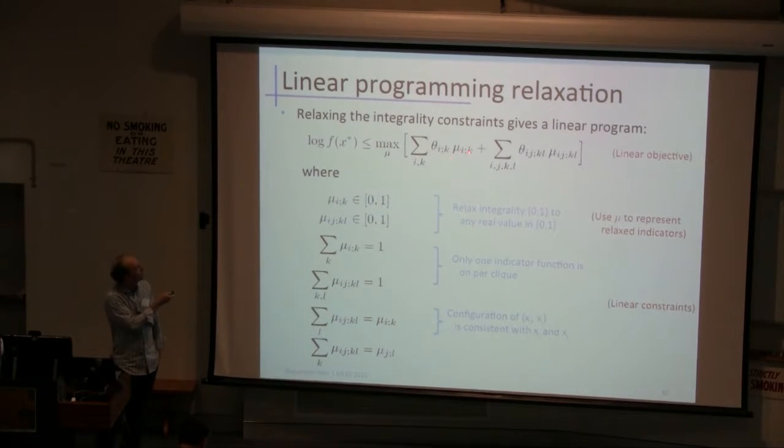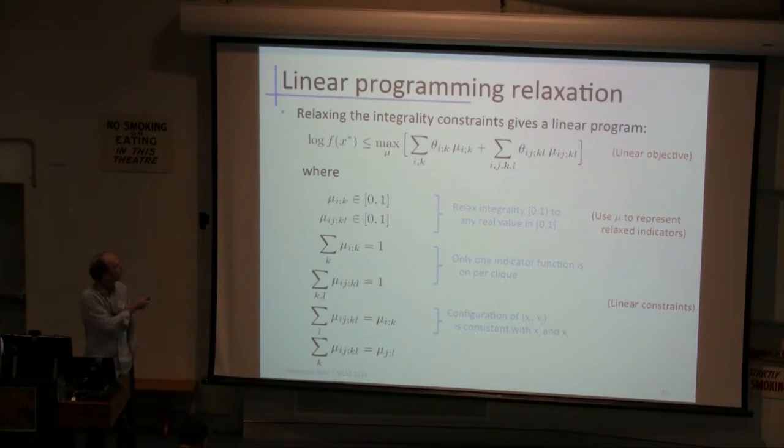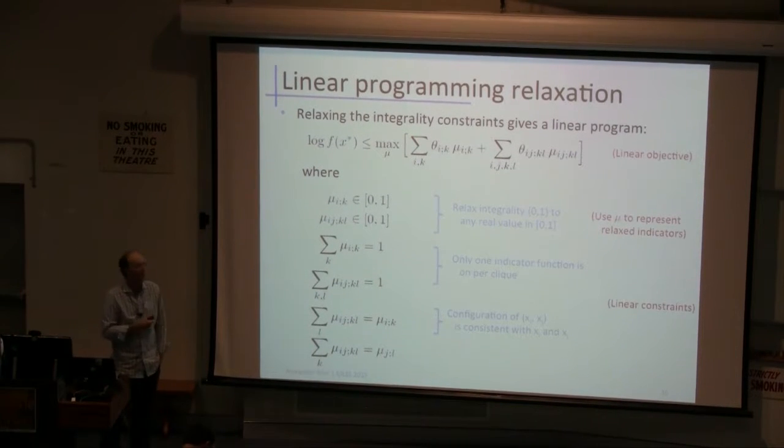So we change notation from u, the binary vector, to mu, some real number between 0 and 1, and just have the same set of linear constraints, the same linear objective. And now, since we've relaxed this problem, we're no longer restricted to taking on binary values, the objective function must be larger than the true optimum, right? Because we have a constrained optimization and we've relaxed some of those constraints. Okay, so this is the linear programming relaxation of MAP.